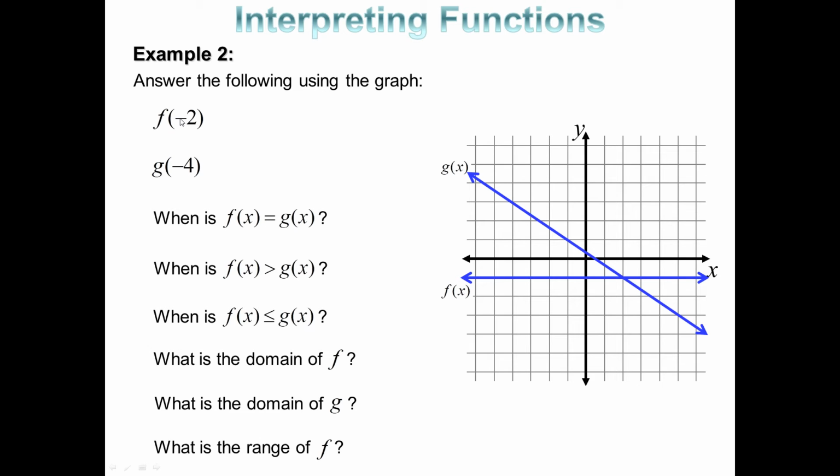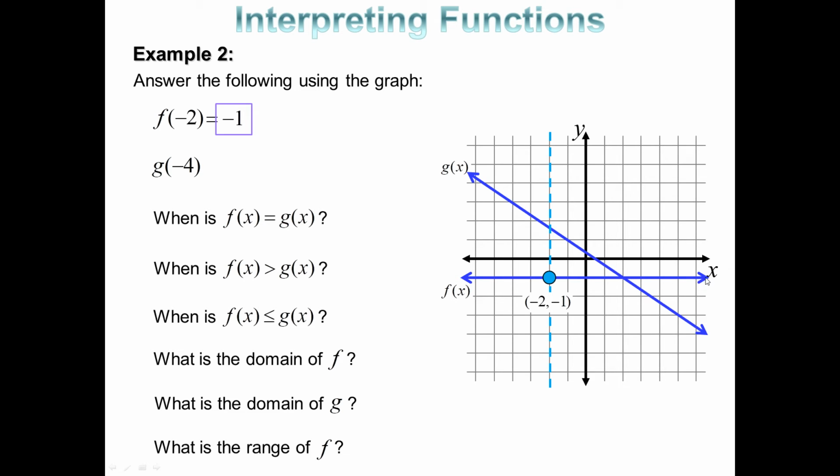So f of negative 2. If I go to negative 2 and I go to f, f is down here at negative 1. So my answer is -1. F will always be -1. Look, the output of f is always -1.